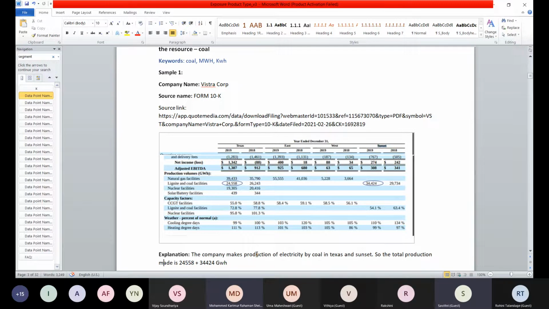GWH is the unit given for electricity generation. Please make a note of this word, GWH or MWH, gigawatt hour and megawatt hour.